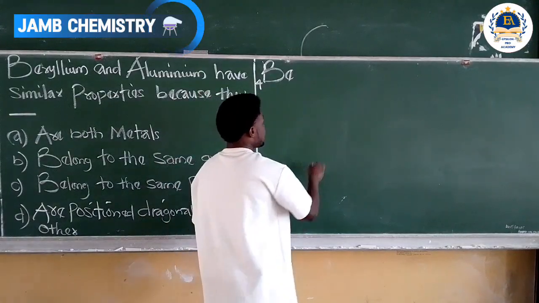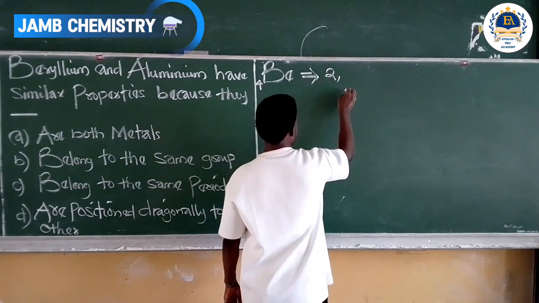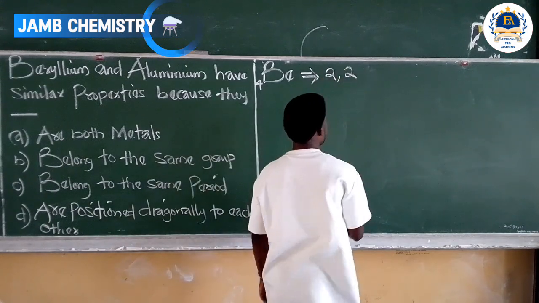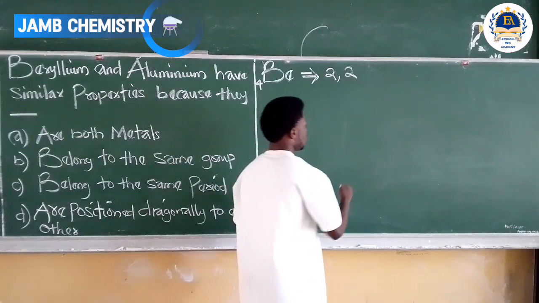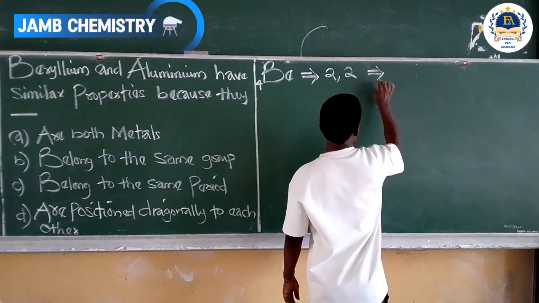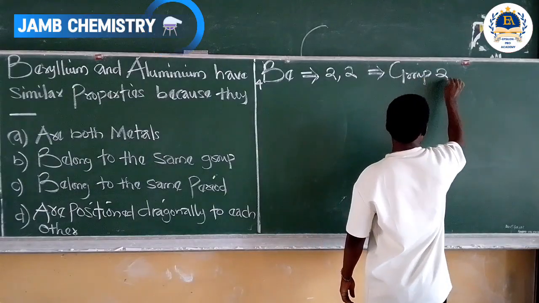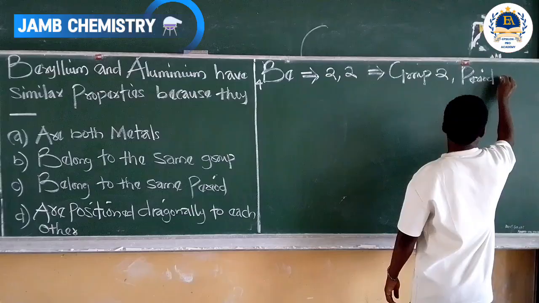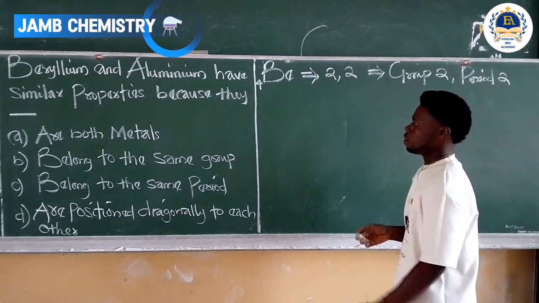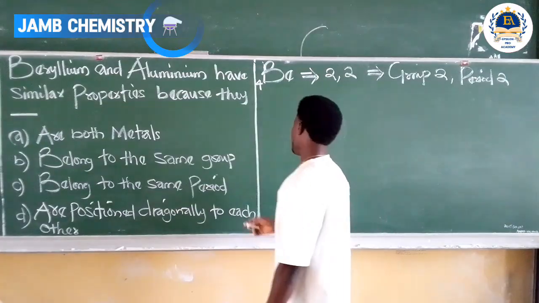That is to say, the electronic configuration of beryllium is 2, 2. Beryllium belongs to group 2, period 2. Let us examine the next element, which is aluminium.